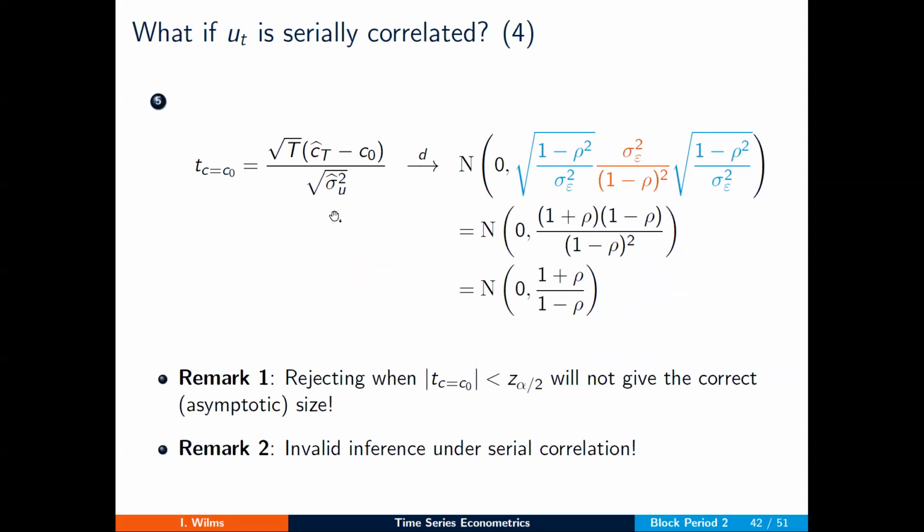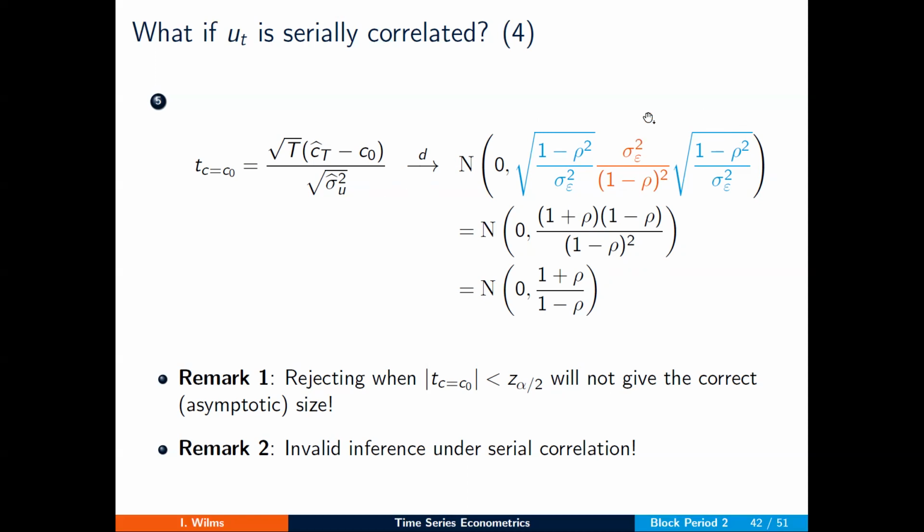Now, what happens if we put all pieces of this puzzle together to derive the limiting distribution of the test statistic? Well, just put the red and the blue pieces from the previous slide together. We know that the numerator converges in distribution to a normal with this asymptotic variance, and we need to pre and post multiply with the probability limit of the denominator.